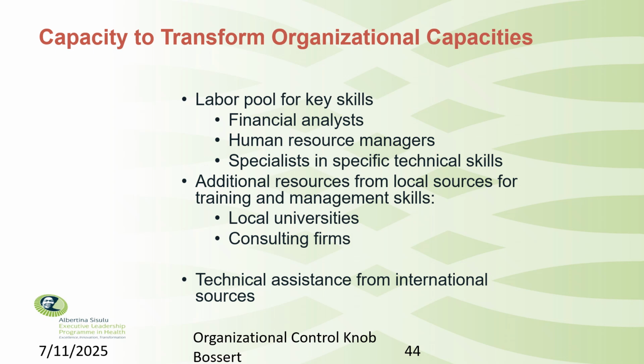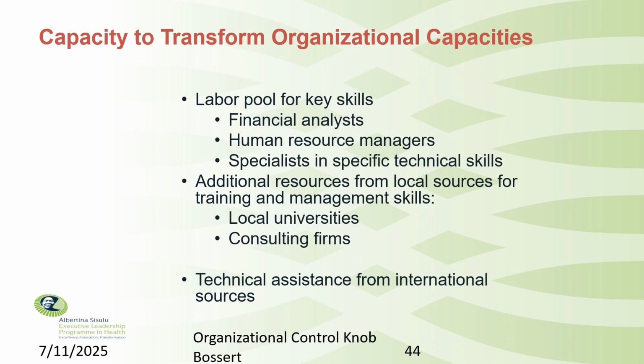We may want to look at what's happening in the private sector and internationally and see how we can align ourselves to that. Do we have sufficient specialists in specific technical skills like ICT and digital technology and so on? And if we don't necessarily have the labor pool for these skills, I think we do have the labor pool in South Africa for these skills, but what we may not have is the ability to afford that.